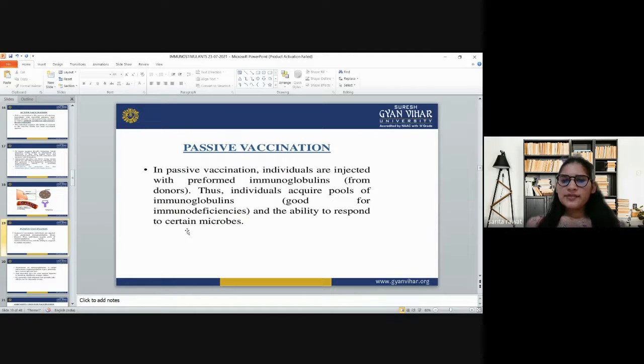Now, what is passive vaccination? In passive vaccination, individuals are injected with preformed immunoglobulins from donors, and thus individuals acquire pools of immunoglobulins, good for immunodeficiencies and the ability to respond to certain microbes.